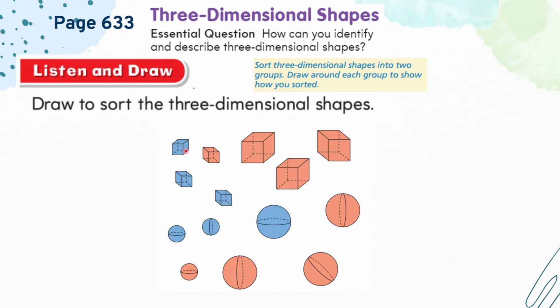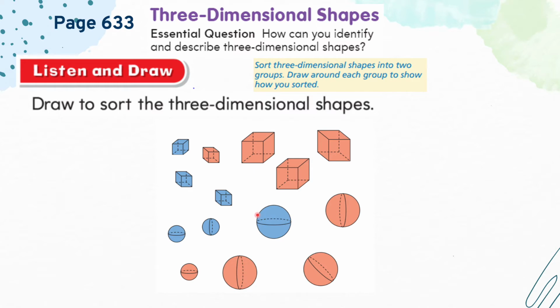It could be one group of cubes and the other one of spheres, or otherwise if we look at the size of these pictures, we will see some are small whereas some are large, so you can categorize them according to their size as well. The shapes that are small will come in one group, the shapes that are large are going to come in the other group.